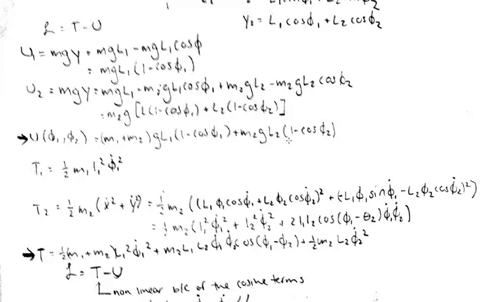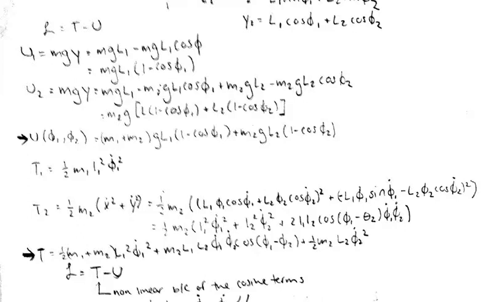So now kinetic energy. For the first one, it's just going to be 1/2 m1 L1 squared times phi1 dot squared. But for the second one, I'm going to break it up into the x and y coordinates, so this is the horizontal and vertical velocity.